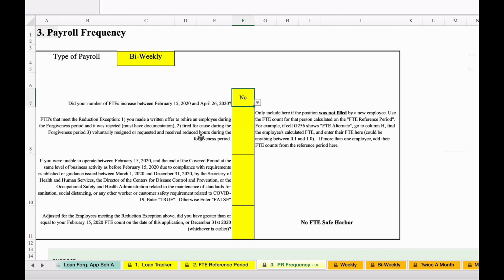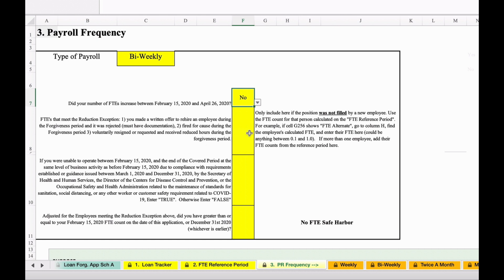If you replace that person, you don't really need to put anything there. But if you did not, you would want to put them in there. And technically, if they did ask you not to come back after you requested that they come back, you are supposed to report that to unemployment in your state, especially if you know that they are taking unemployment.